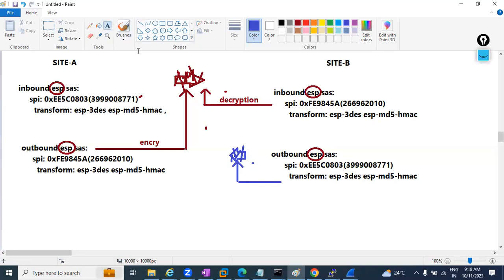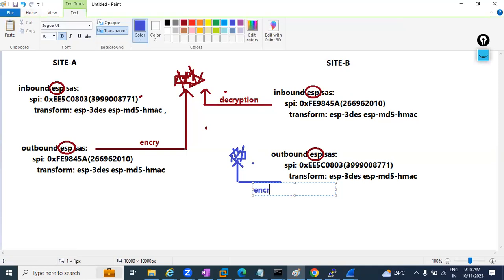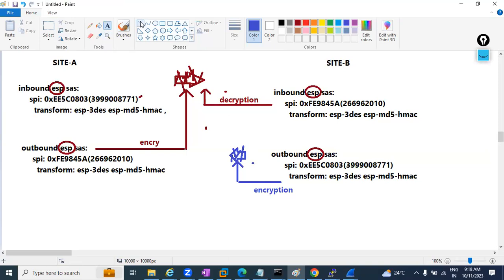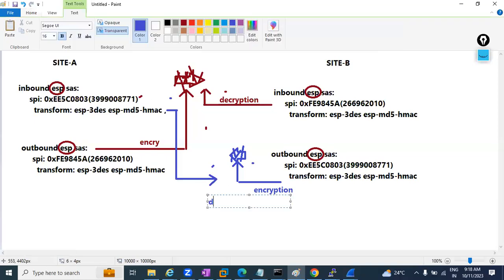This is what is happening now here, encryption. And once it reaches the other site here, it would use this SPI to decrypt. So what happened?